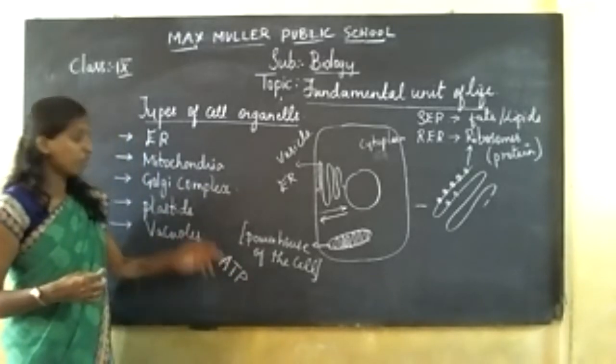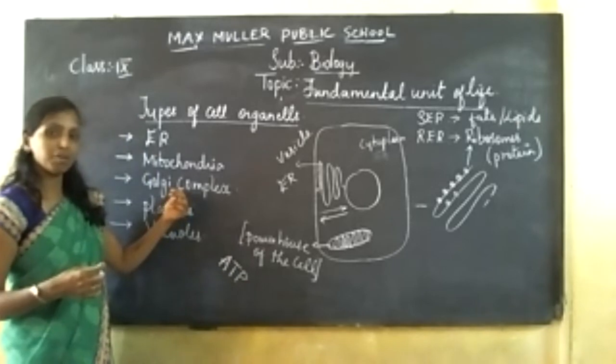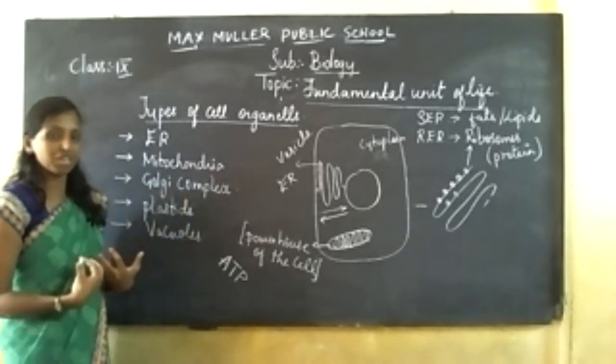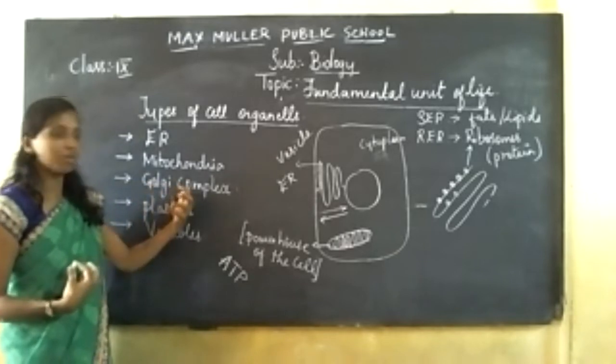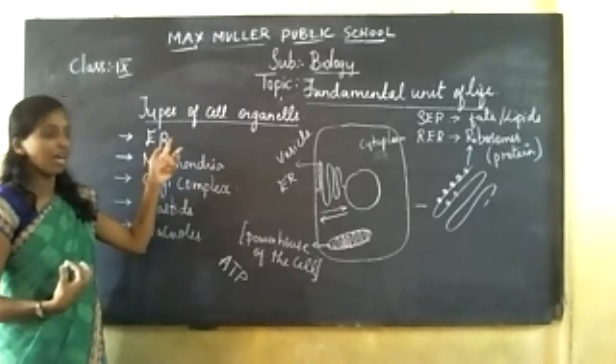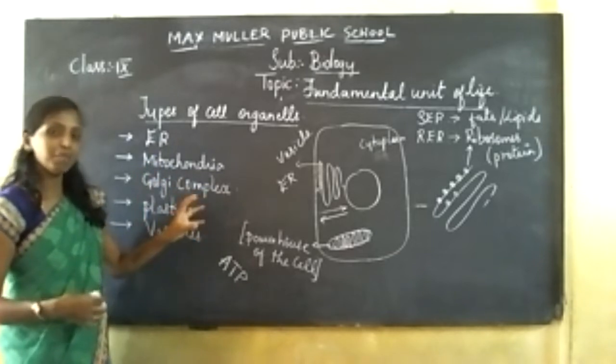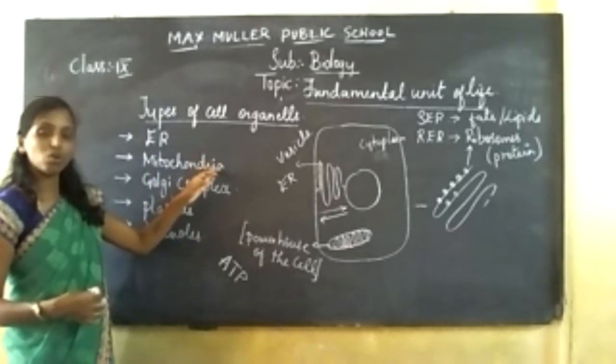The protein that has been stored, the storage modification brought about by your Golgi complex from your ER, enters the Golgi complex. From the Golgi complex, that material is stored in your mitochondria.